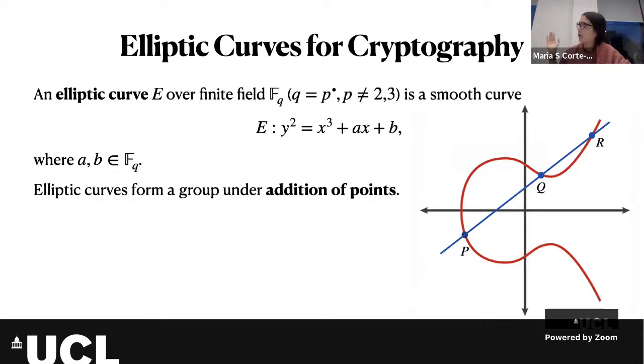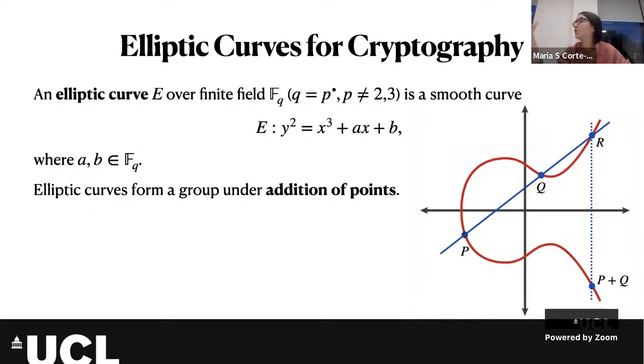Then you take that third intersection point and you reflect it in the x-axis, which will give you another point on your elliptic curve. And this point is going to be the addition of P and Q.